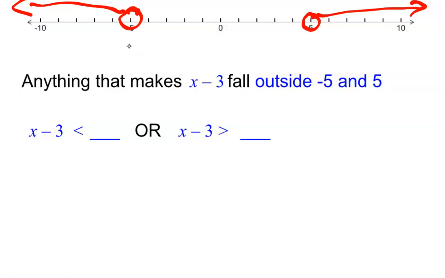So the way we write that is x minus 3 is less than -5, going to the left, and x minus 3 is greater than 5. And again, to solve that, we add 3 to both sides.